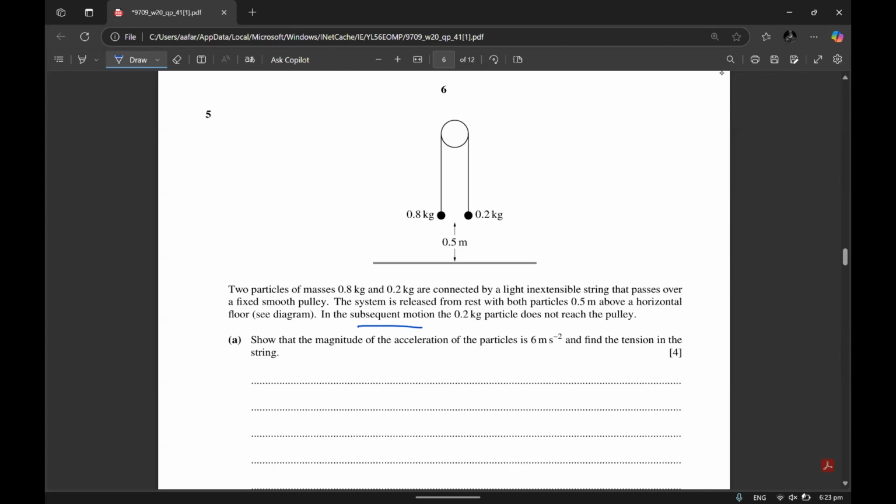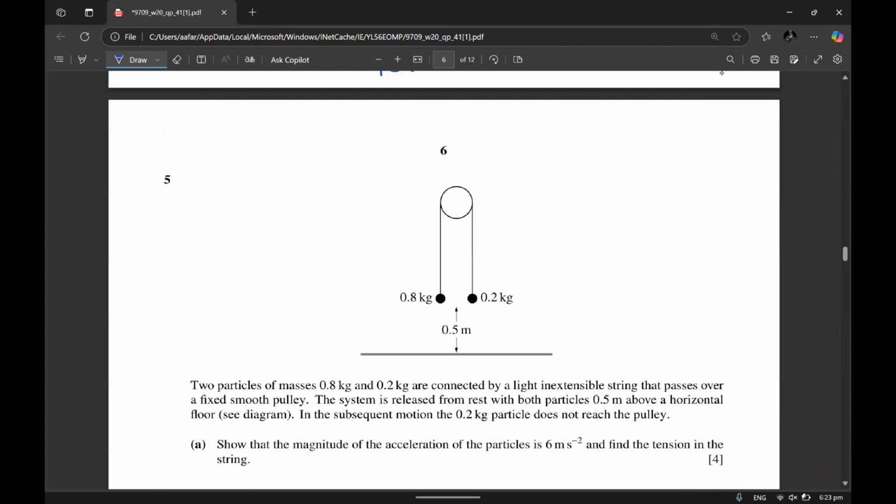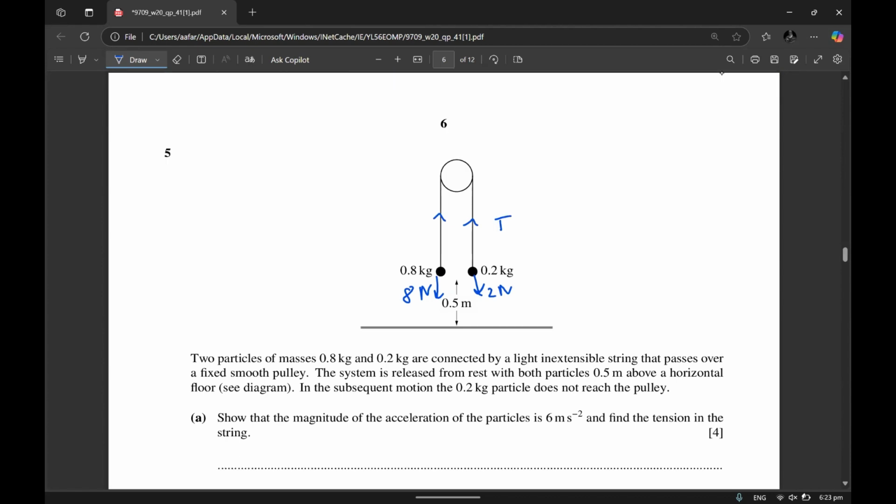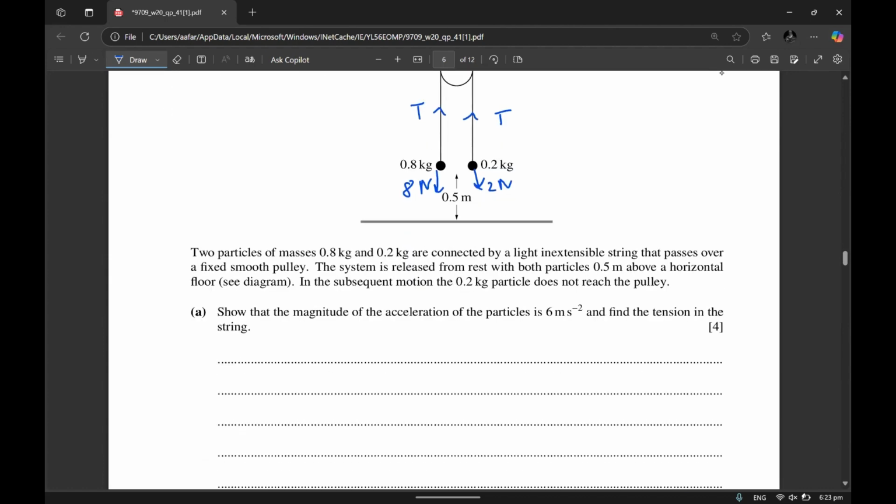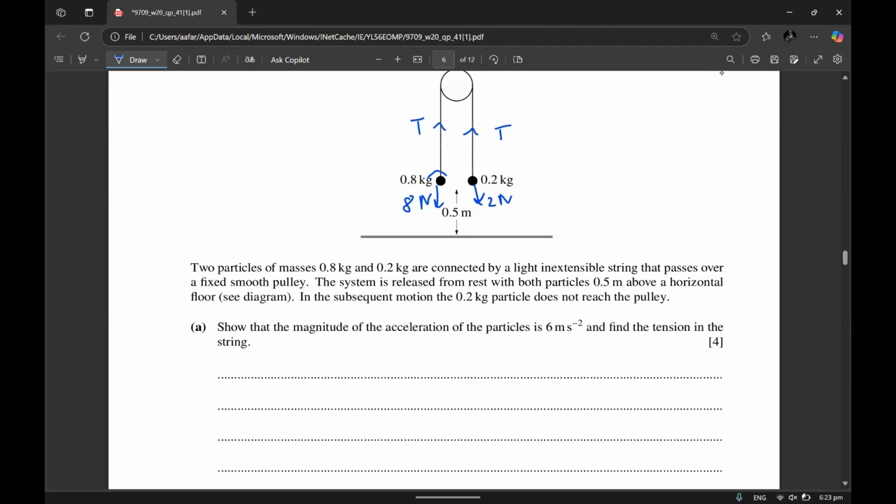Okay. So let's see the forces acting over here. The weight of this is going to be 8 Newton. The weight of this is going to be 2 Newton. And tension is over here and over here, right? This T. So when we consider the whole system, the tensions cancel out. We need the acceleration, right?